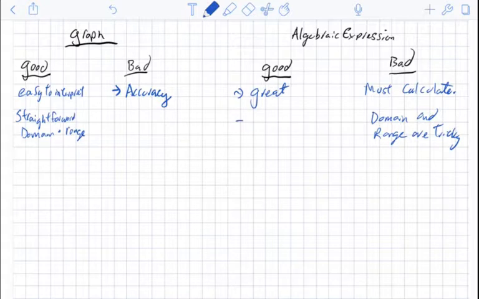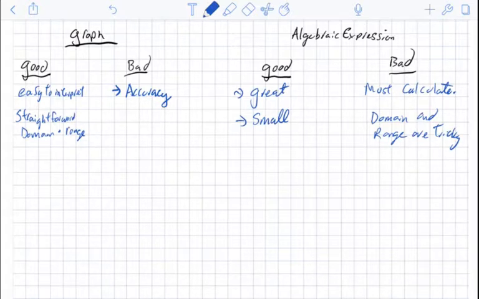Algebraic expressions are also very small. For a table, you're missing out on numbers, right? It's possible for there to be some outputs that just can't make it into the table because the table would be too long. Tables are huge. Graphs, not that accurate.